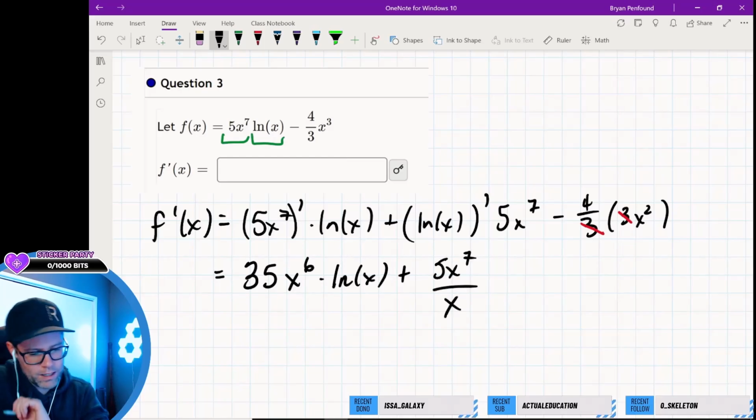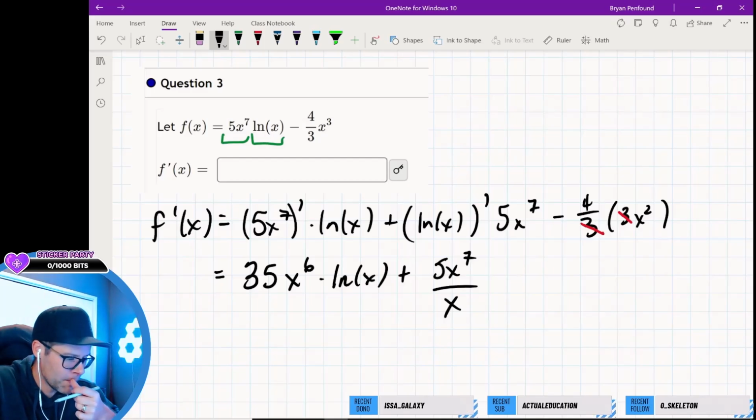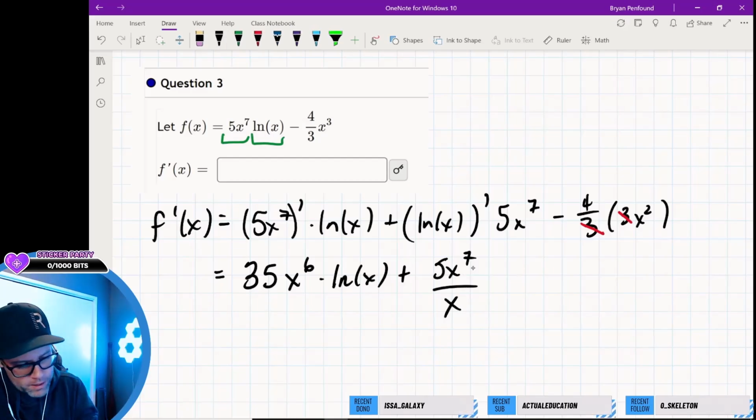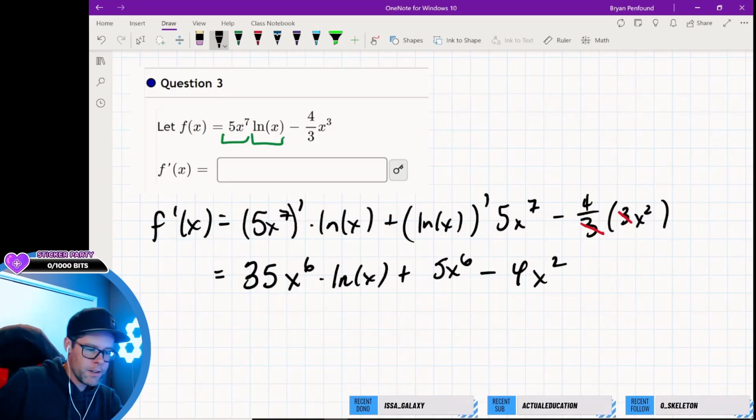So we're going to get something that looks like this. I mean, provided we don't really care about 0, which we don't because we have the natural logarithm in our formula. Anyway, we can probably simplify this to x to the 6. And then, like I said, we'll get 4x squared to finish off question number 3.